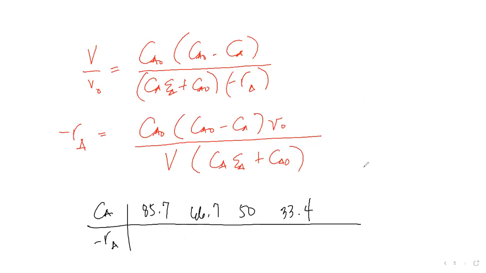You substitute CaO. So I'll place the given here. The CaO in the problem is 100 millimole per liter. And then the volume is 0.1 liter. The epsilon A we determined to be negative 0.5.